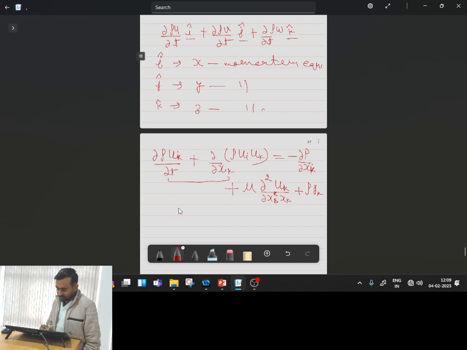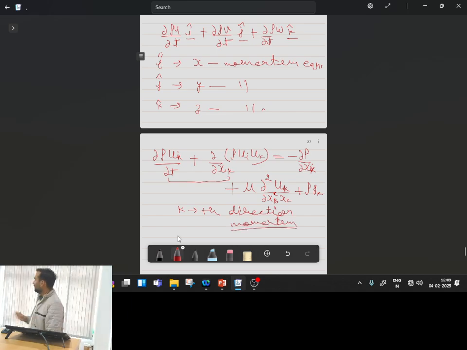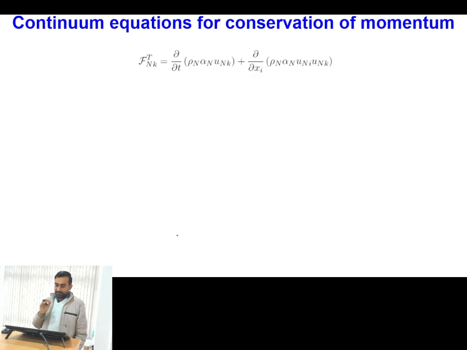This equation is actually the kth direction momentum equation. Are all clear with this idea? So this is the kth direction momentum equation, and my k will vary from 1 to 3 in order to write the three principal directions.